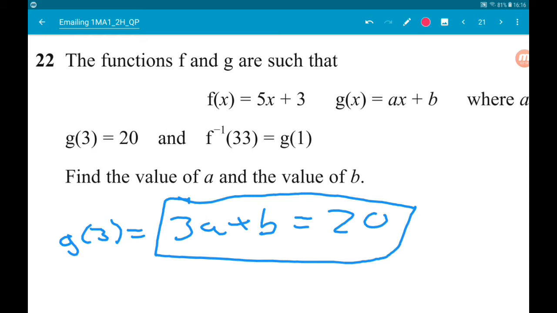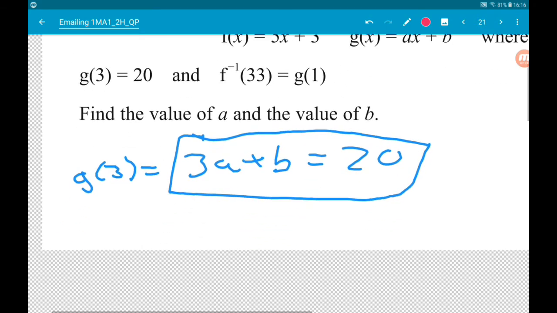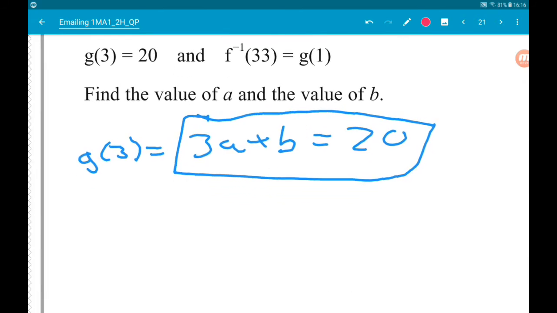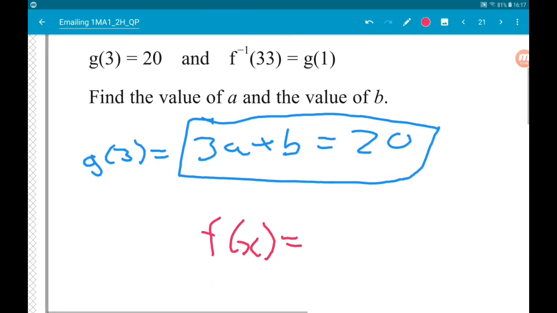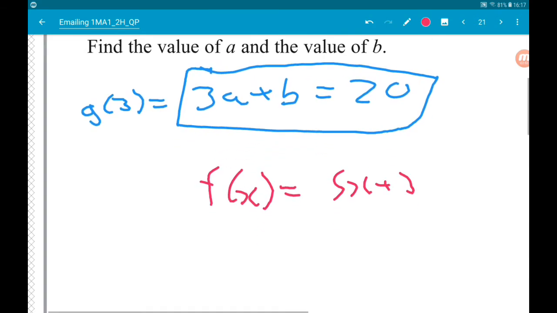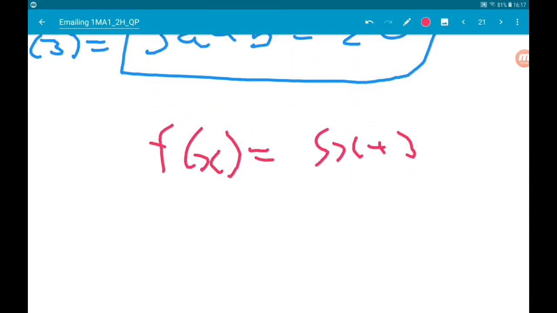So let's find f inverse. Again, there's separate videos on all of this stuff in the functions playlist, which is down below. So to find f inverse, we start with f of x is 5x add 3. Now, I'm just going to call f of x f. So I'm just going to say f is 5x add 3.